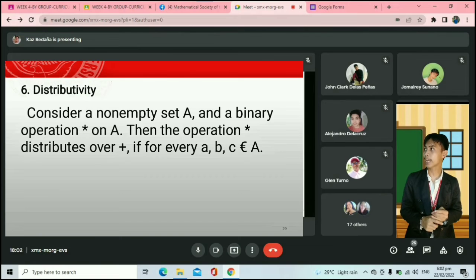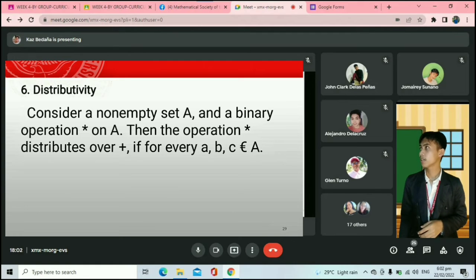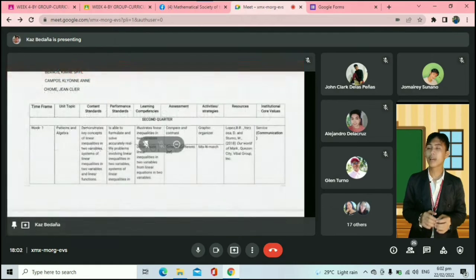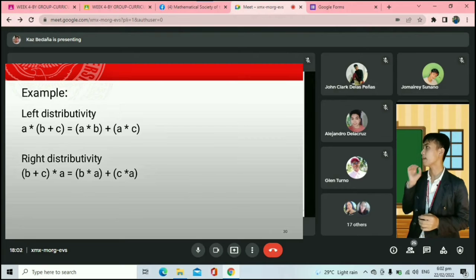Consider a non-empty set A and a binary operation asterisk on A. Then, the operation asterisk distributes over addition if for every A, B, C that is an element of A. Example, we have left distributivity.